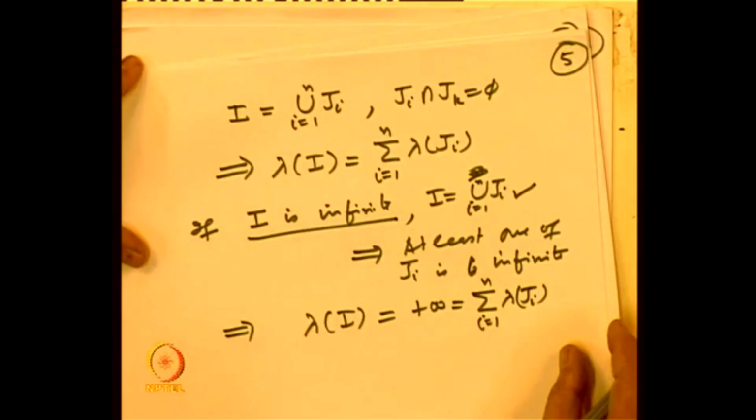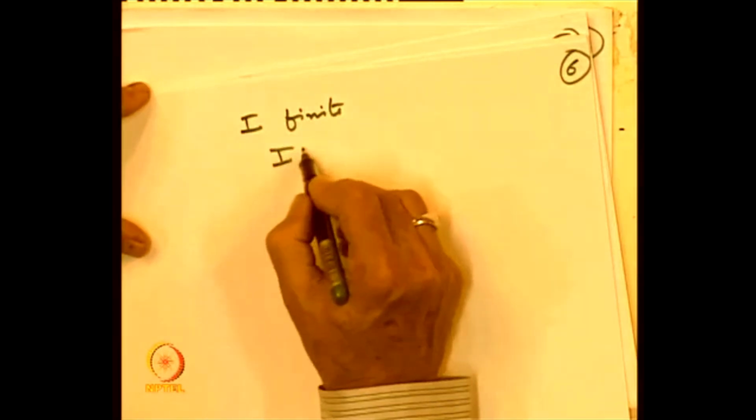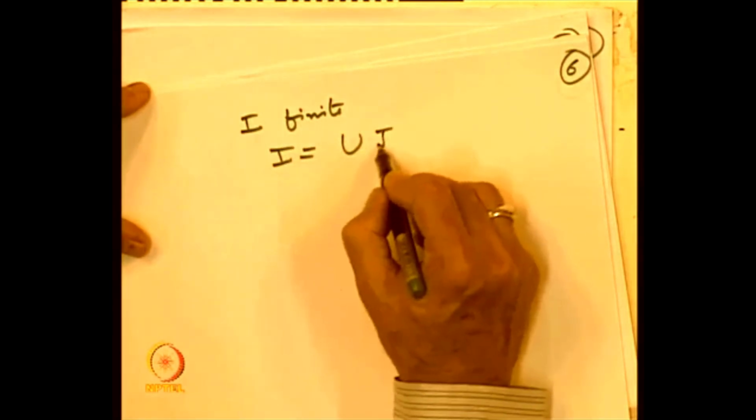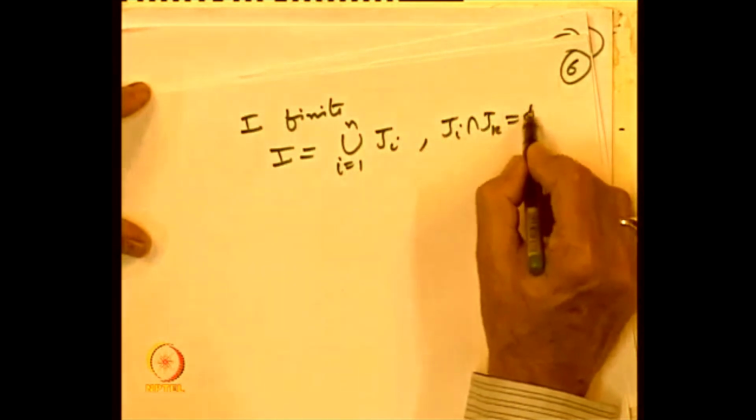Let us look at the case when I is finite. So I is finite, I is equal to the union of J_i's, and the J_i's are pairwise disjoint.